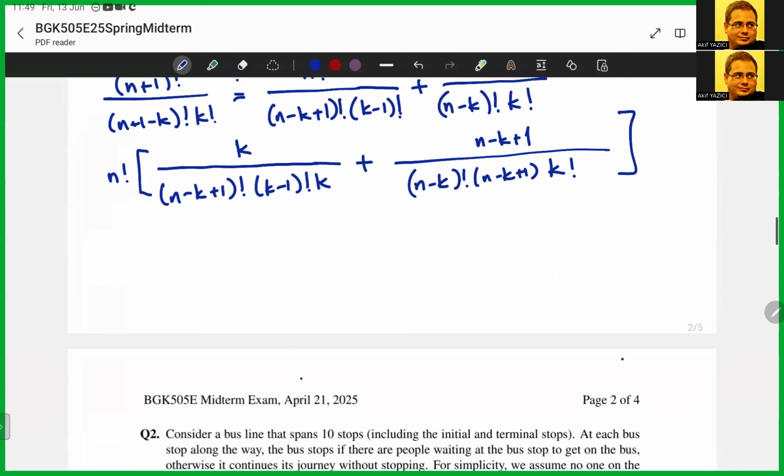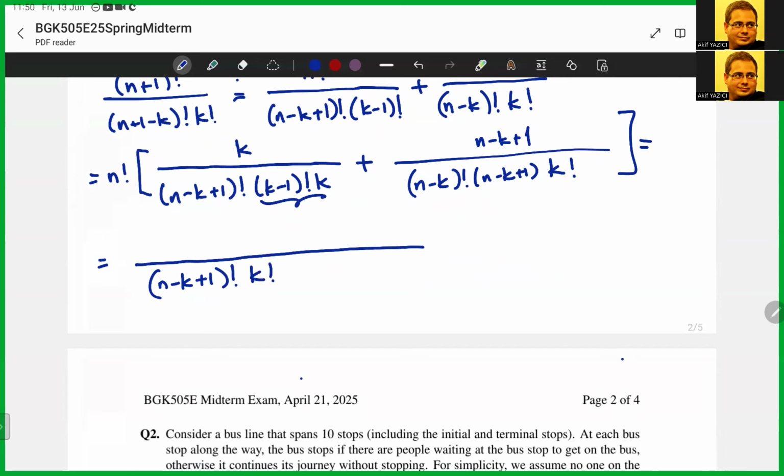Since the denominators are now the same, I can write this as, let me put equals here. And I'm going to write this in one shot. So it will be n minus k plus 1 factorial here, and this together will be k factorial.